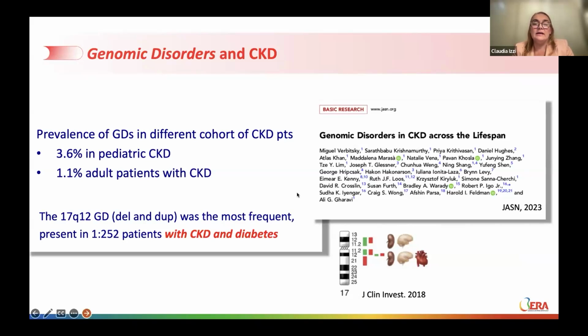And here is this paper from the group of Professor Gharavi, where they found that 1% of adult patients with CKD had a microdeletion or microduplication syndrome, 17q12 being the most frequent.